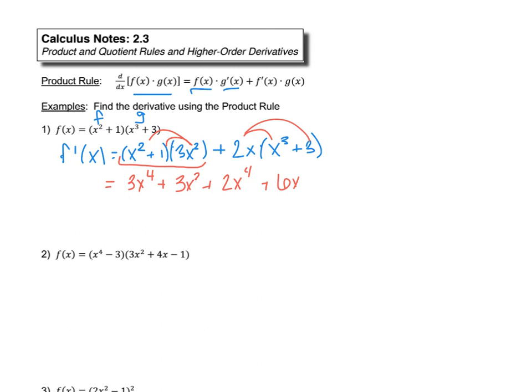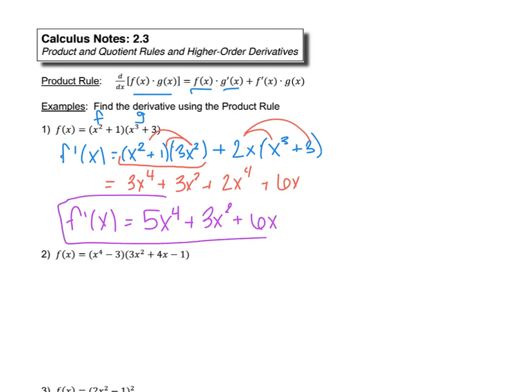And then as you can see, we can still simplify a little bit. So we end up getting, let me change my color. I've learned that my favorite color on this is purple. So the final derivative is 5x to the fourth plus 3x squared plus 6x.